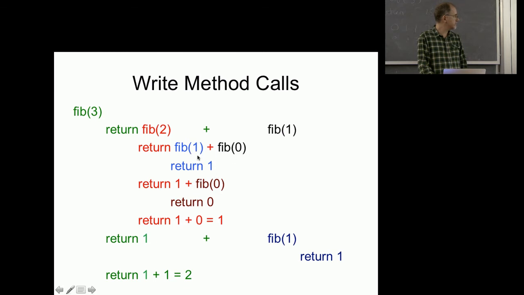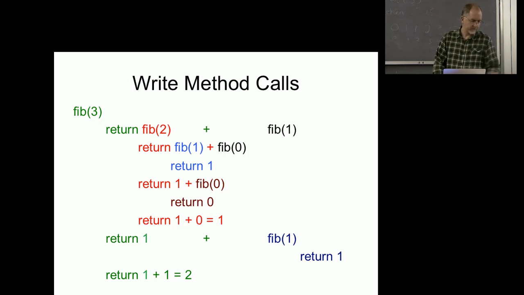This one returns 1 because it's a base case. Fib of 0 returns 0 because it's a base case. So this whole call turns into return 1 plus 0, which is 1. So this turns into return 1 here. And then we evaluate fib 1, which is a base case, returns 1. So we can say this is 1 plus 1 equals 2. So Fibonacci of 3 is 2, and that's correct.